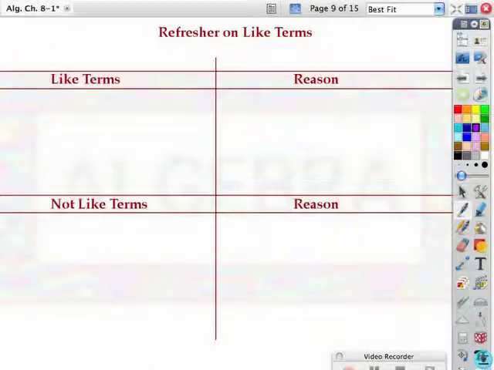Okay, so I figured you probably need a little refresher on like terms. What can be added, what can be subtracted, what can't. And the reason I say that is because we're getting into a little bit more complicated variables. So if we had something like x squared times y, and then we had 3yx squared.